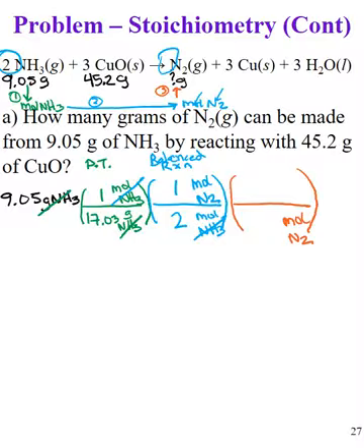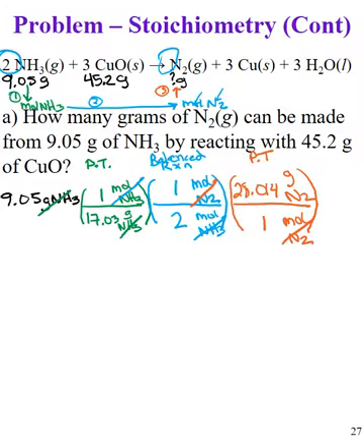What unit goes up on top? Grams of N2. And where do I find this relationship? On the periodic table. So for every 1 mole of N2, if you add up the masses, so 2 times the mass of nitrogen, we would get 28.014 grams of N2.